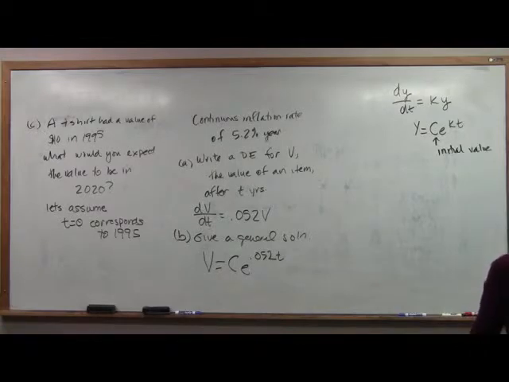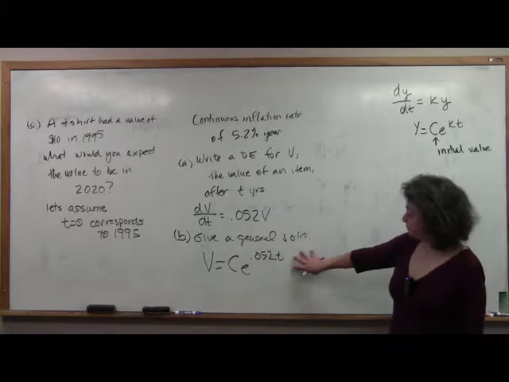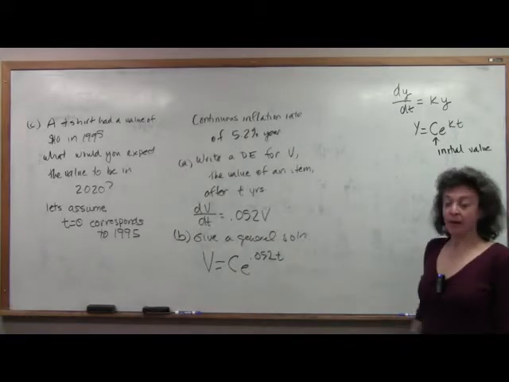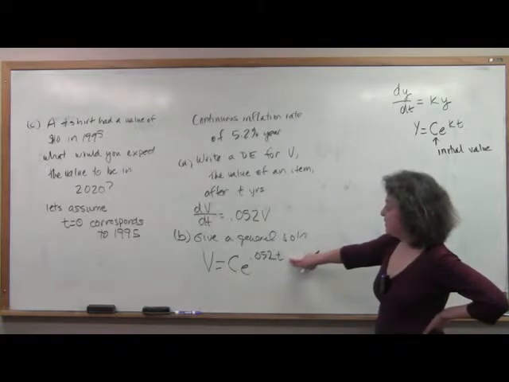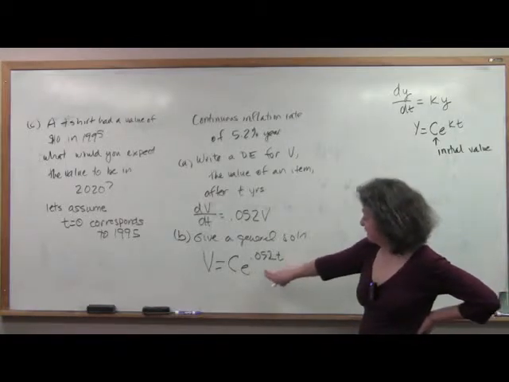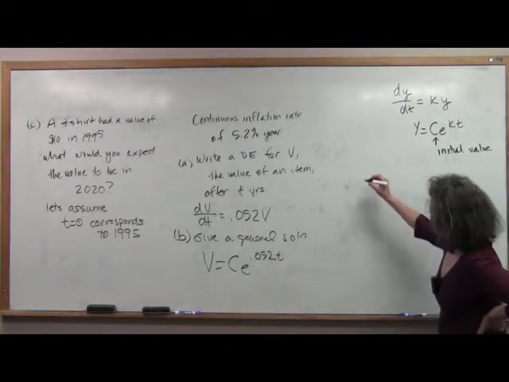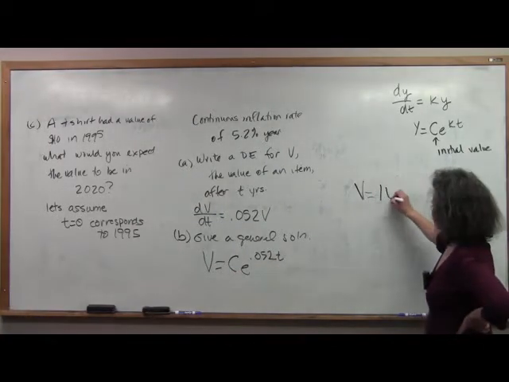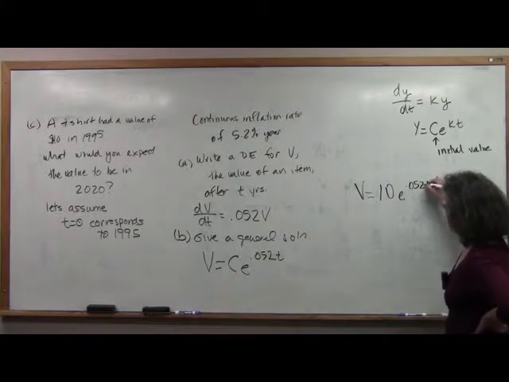All right, well, what are we going to do here? What we're going to do is just expound upon our general solution. Notice if t equals 0 corresponds to 1995, then I know a particular solution here is 10 e to the 0.052 times t.